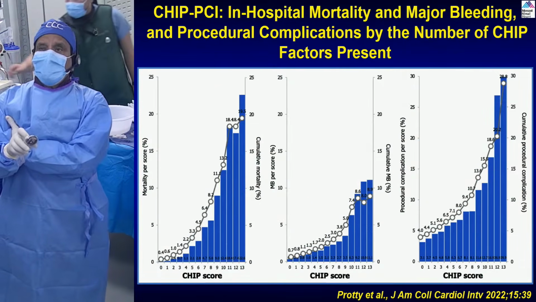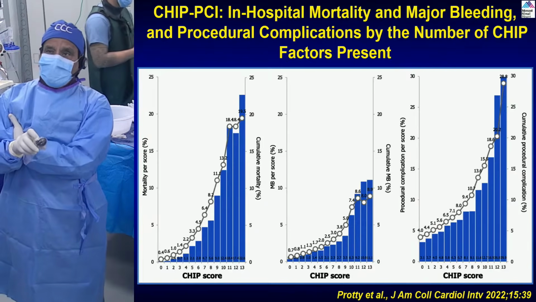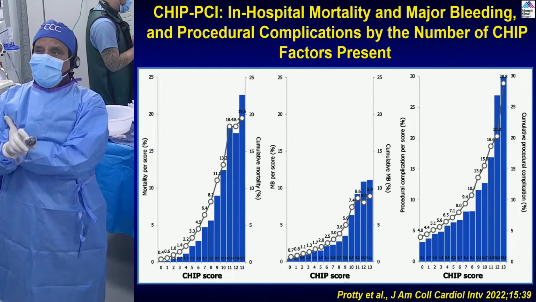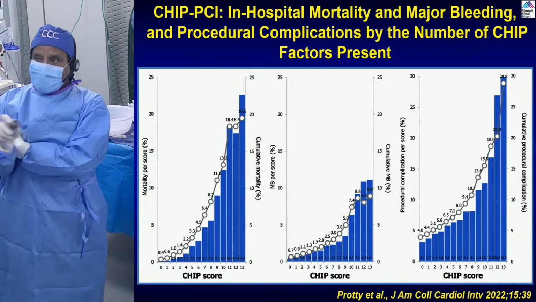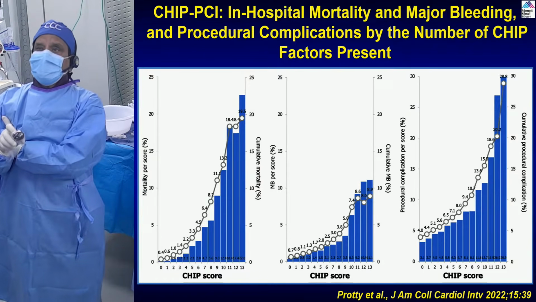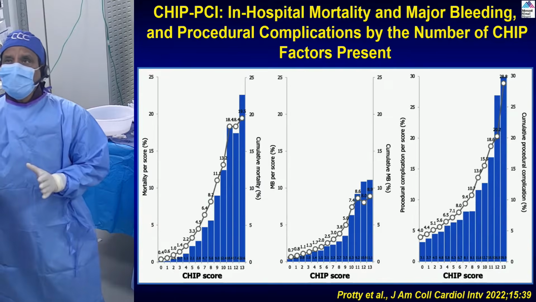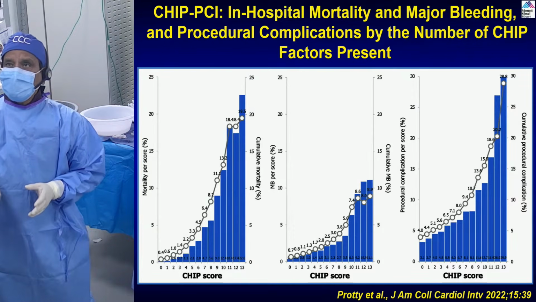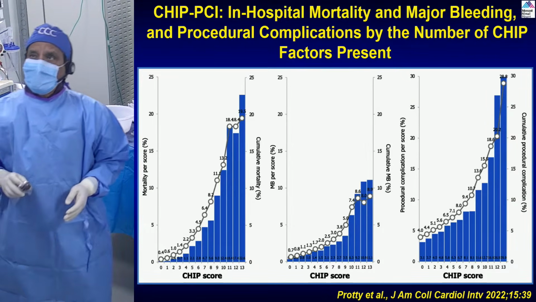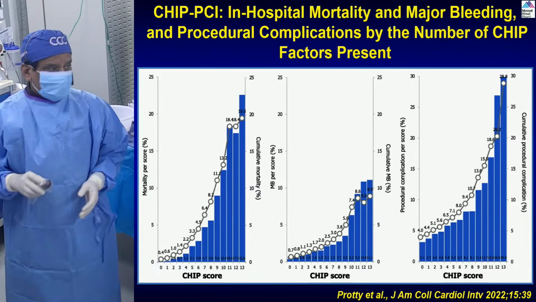And these are the CHIP scores for mortality. In the middle is the major bleeding, and then the procedural complication. The higher the CHIP score, the higher these complications occurred.